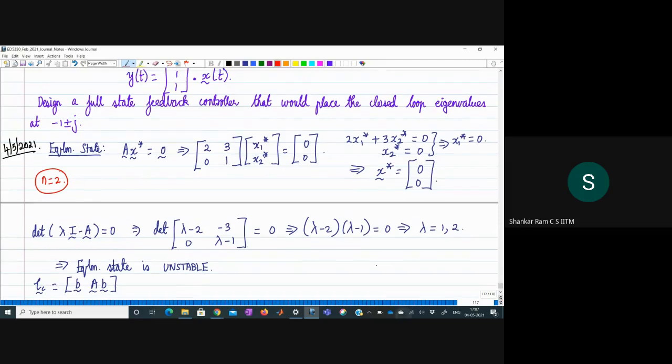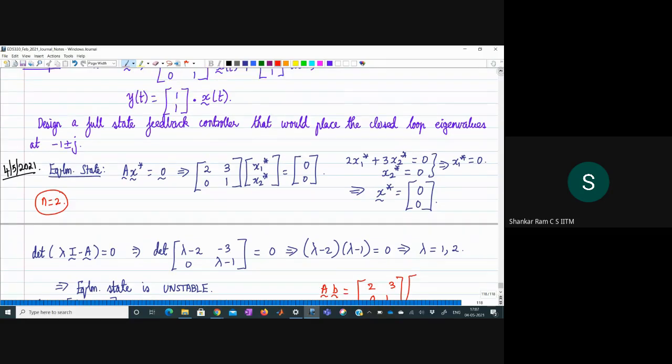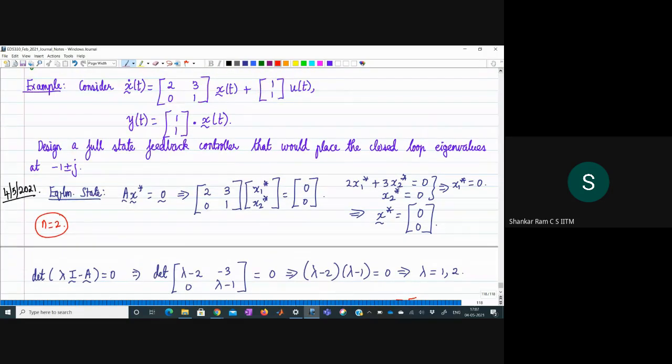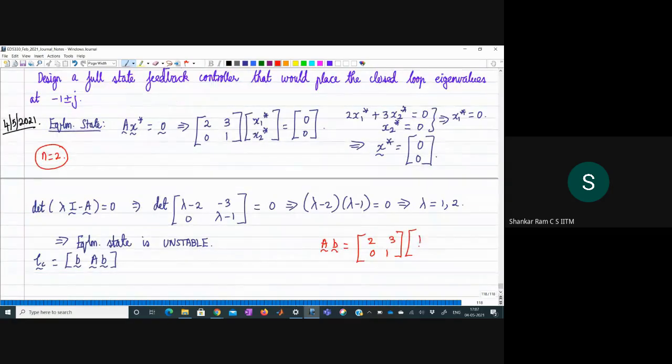If we were to calculate A multiplied by B, what will we get? The matrix A is [2, 3; 0, 1], and the vector B has been given as [1; 1], as we can observe from the problem statement. So AB is going to be [5; 1].